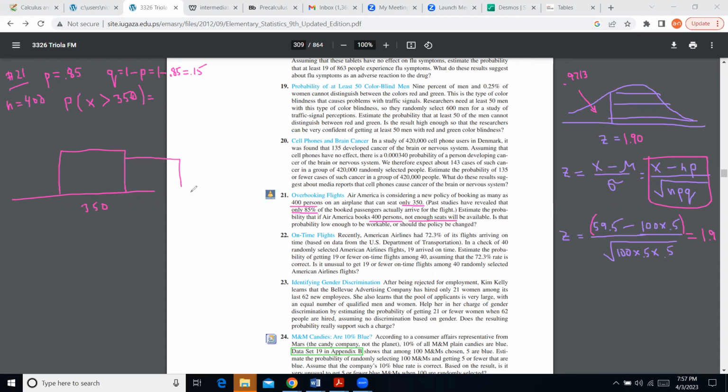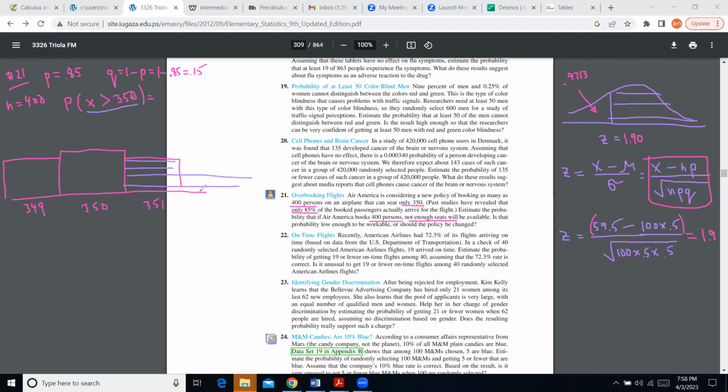So I put these numbers 350, 351, and the previous will be 349, right? So this is how I start. And then I need to make a picture of what we are asked to do. And greater than 350 will not include 350, right?